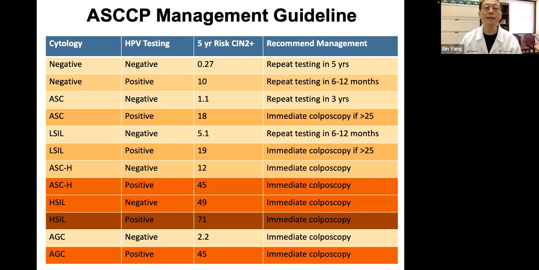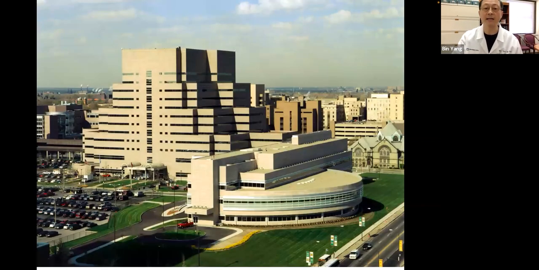I will not go through this, but I ask my resident fellows, these are things they need to know by heart, because we're not just morphologists. We need to know the clinical, we need to know the molecular. Those are 2 things that bridge basic science to the bench side.